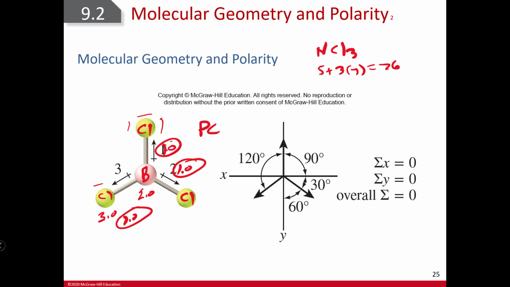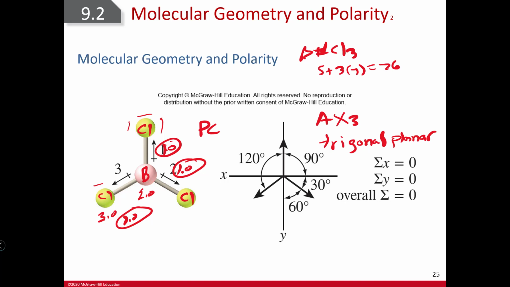And the geometry, since it's boron trichloride, we get AX3, and AX3 lends itself to an electron domain geometry and a molecular geometry of trigonal planar. So we learned that from section 1, that this geometry is trigonal planar.